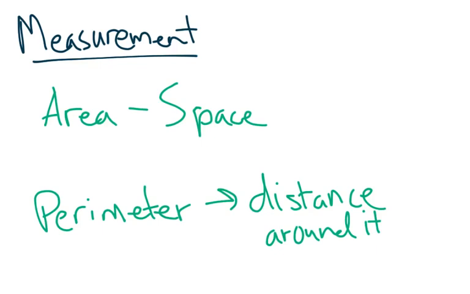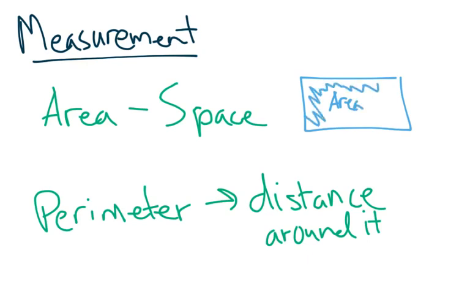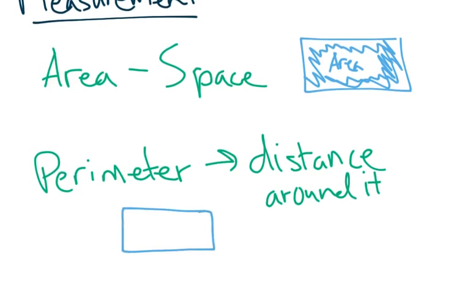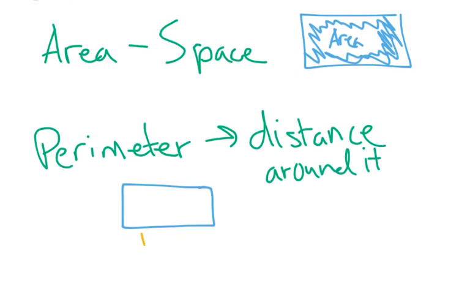Okay, so we have area as the space, and perimeter is the distance around it. So for area, this will be our little image here. Draw a rectangle, and then inside it we have all that coloring going on. That is the space. Whereas for perimeter, again, we'll draw a rectangle. And then our perimeter is going to be the distance around it.